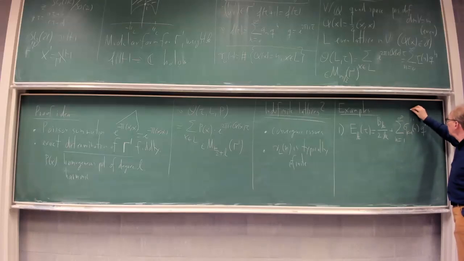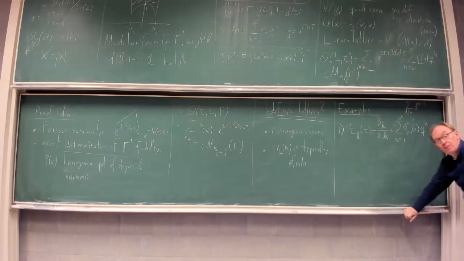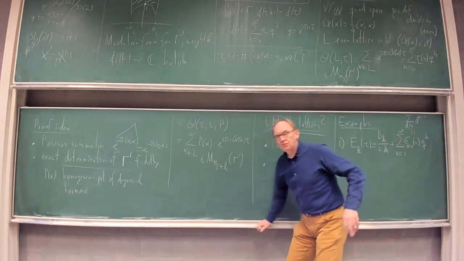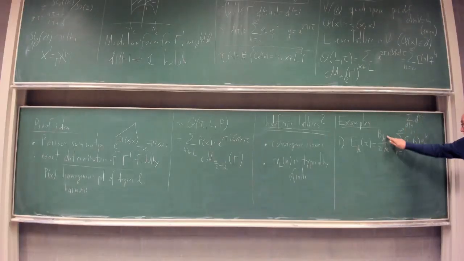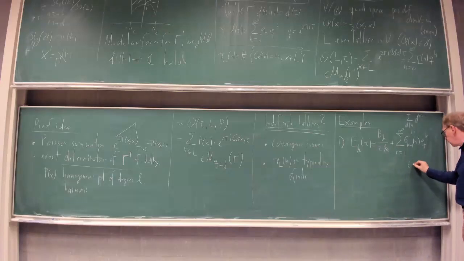So the Eisenstein series is the sum from n equals 1 to infinity of the coefficient sigma_{k-1}(n), the sum of all the positive divisors of n to the power k minus 1. And this is a modular form of weight k, in fact, for SL2.